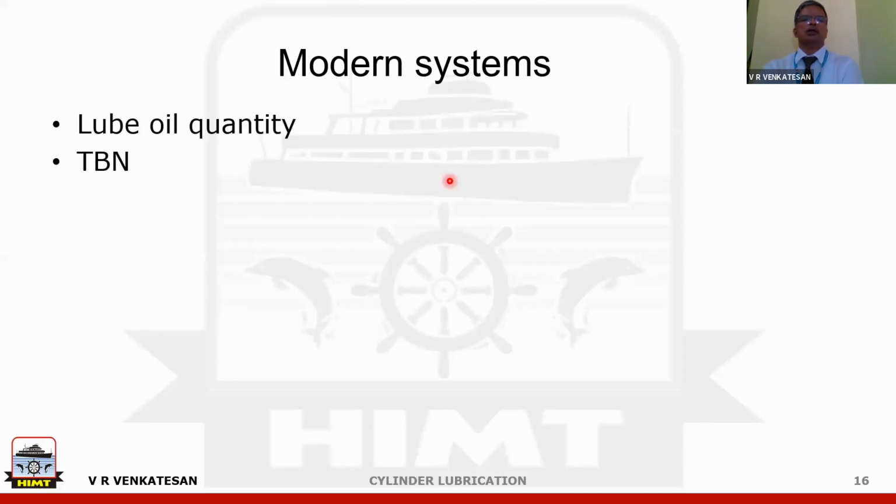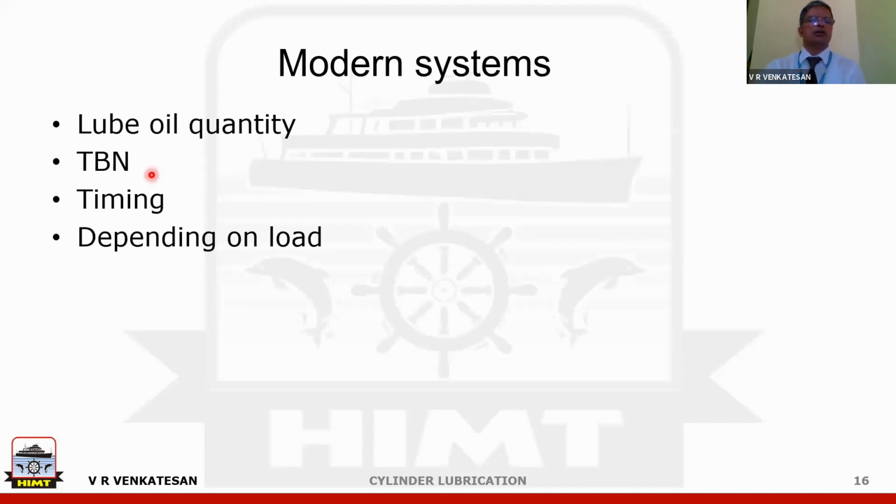So in modern systems, what are all the new developments taking place? Quantity of the lube oil that is being used will be controlled. TBN has been an issue in recent years because of varying sulfur in fuel. The vessel operates with different sulfur levels at different places.